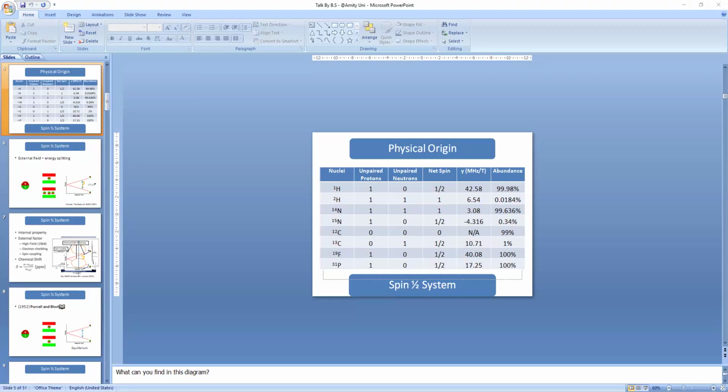Chemical shift is the difference of the frequency of that particular nucleus to the reference. And you can see that in the next slide. I will show this in the next slide.